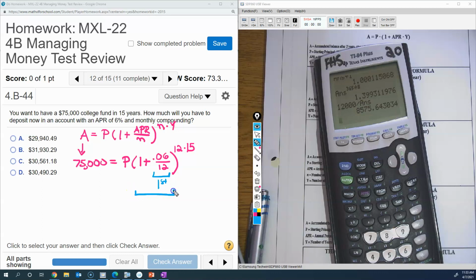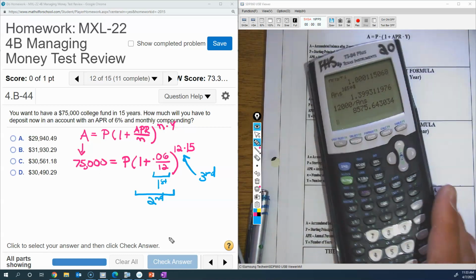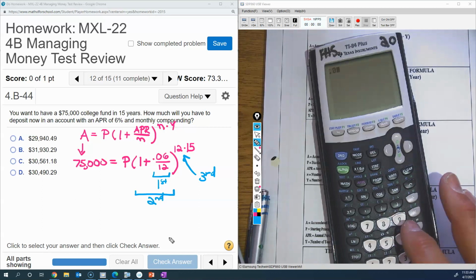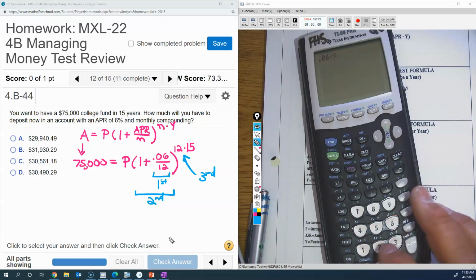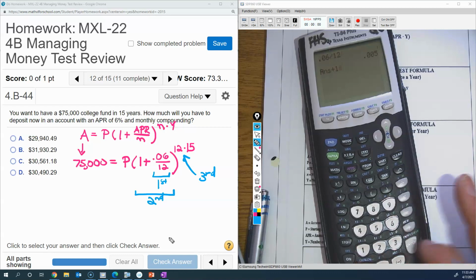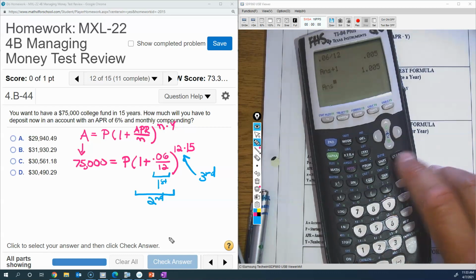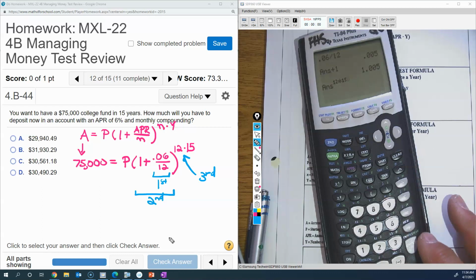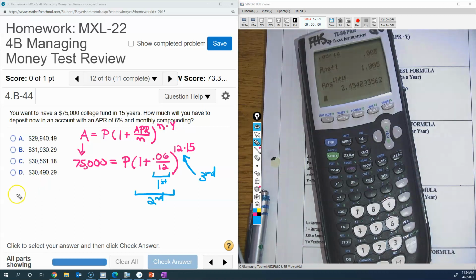First, second, third, and then leave it in your calculator. I'm just going to leave it in there. I'm going to write it down over here, but I'm going to leave it in so I don't use the rounded number.